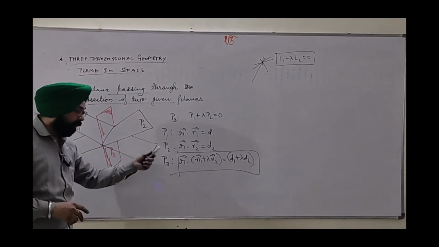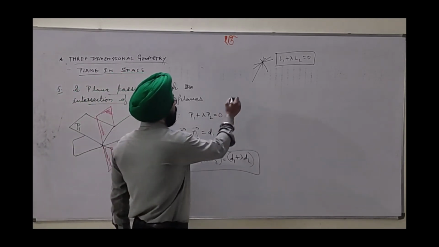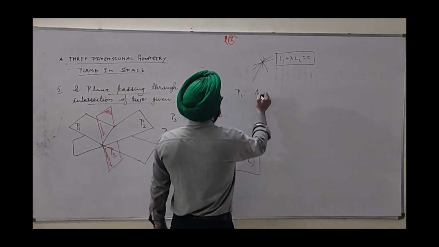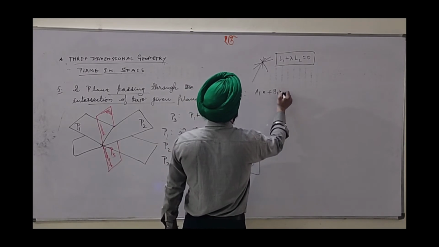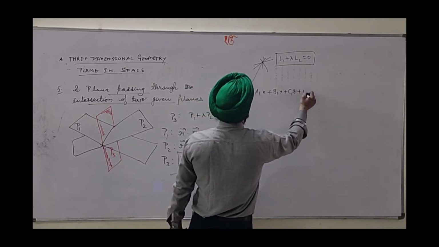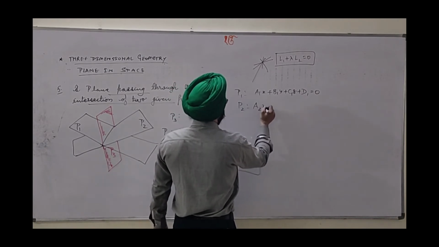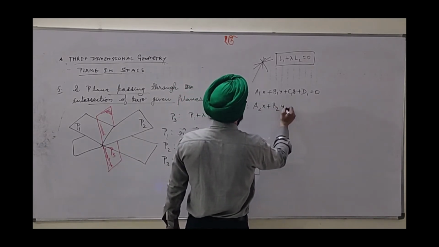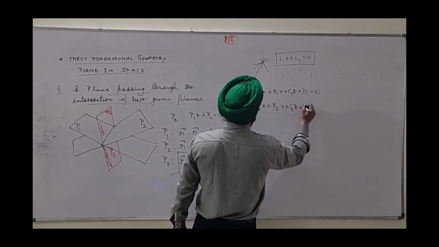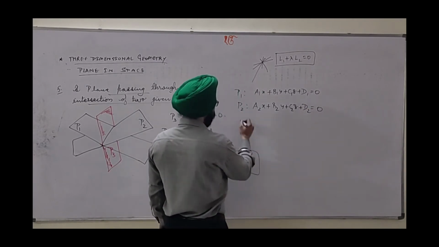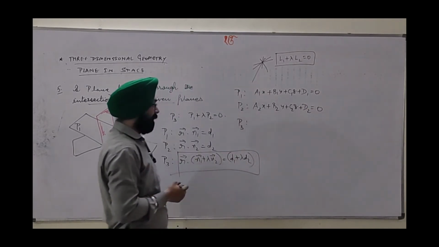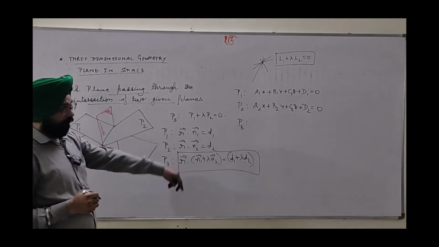Now, in Cartesian form, suppose I consider P1 is A1x plus B1y plus C1z plus D1 equal to 0. P2 is given as A2x plus B2y plus C2z plus D2 equal to 0. Then for sure, P3 can be written as the linear combination of these two.